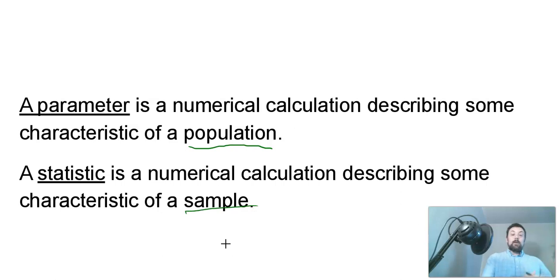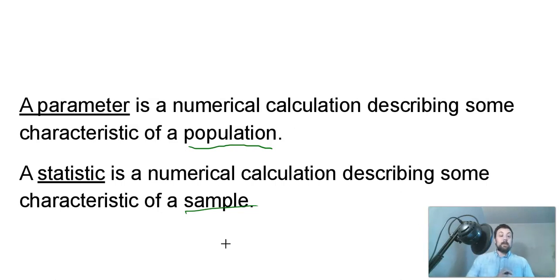Remember in the previous video, section 1.1, we talked about the difference between a population and a sample. A population is the entire set of the thing that you're studying. A sample is a subset of that entire set.